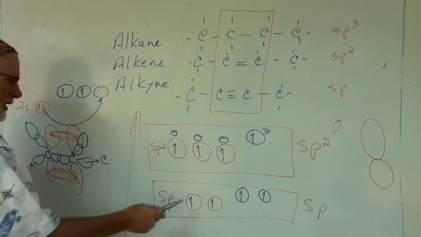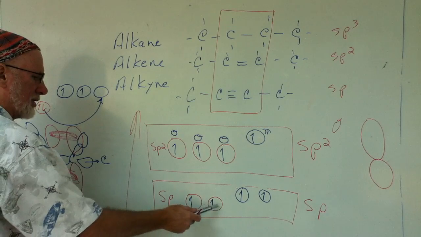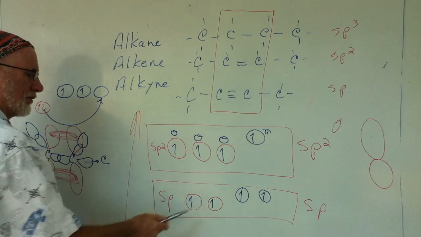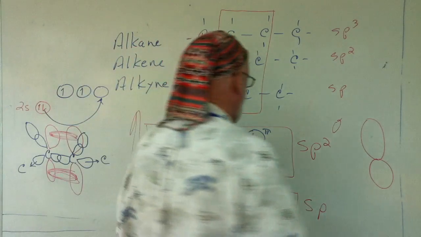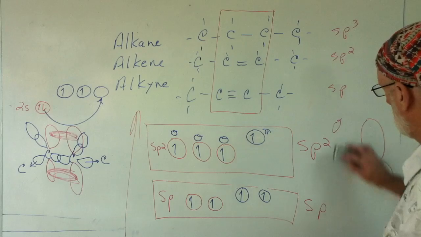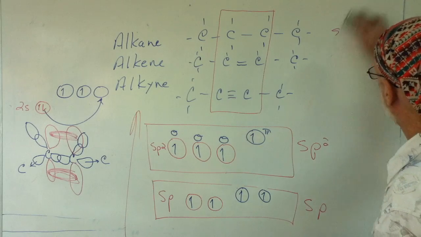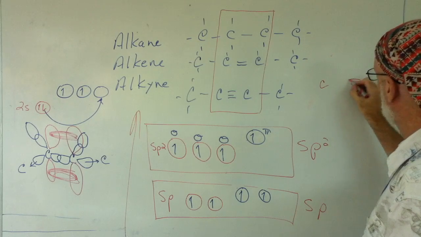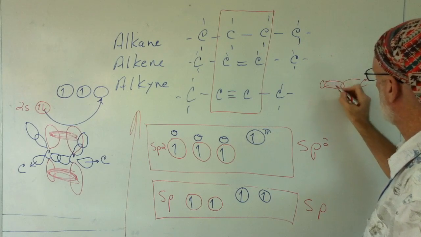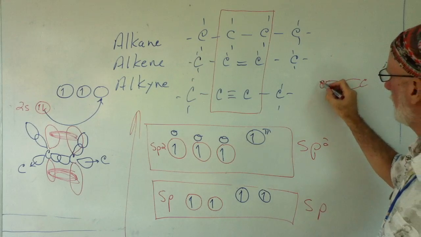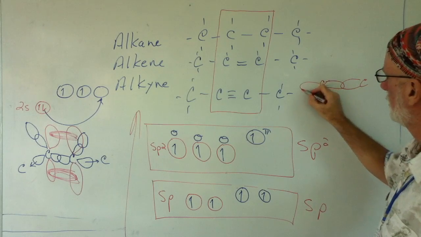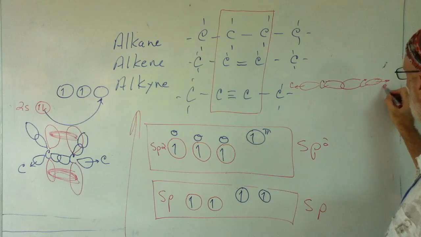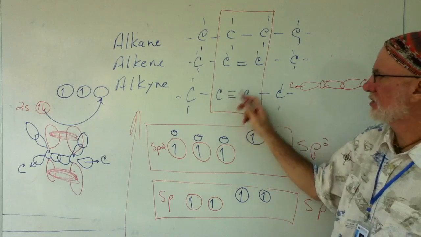You're going to have 2 sigma bonds for each carbon, right? So it's going to look like this. You're going to have the carbon, sigma bond, and then another sigma bond to another carbon, because you don't have any hydrogens off there.